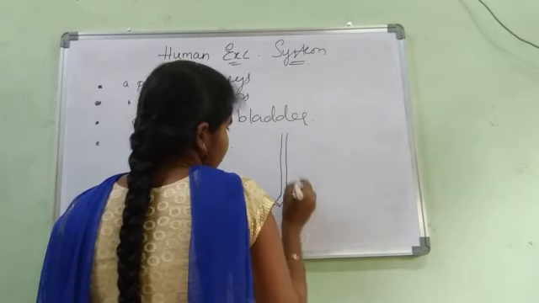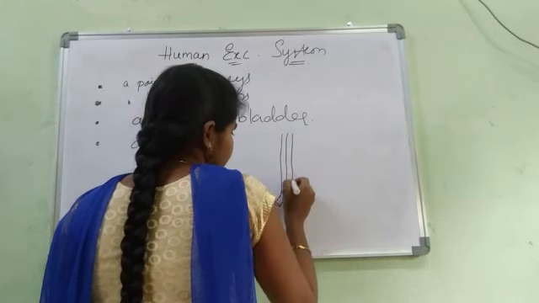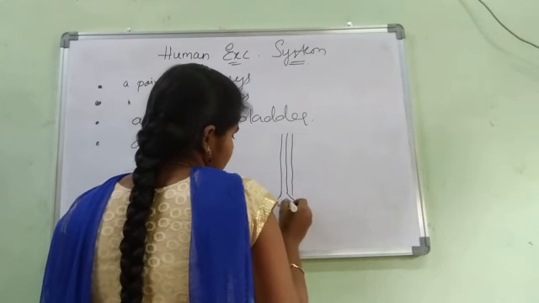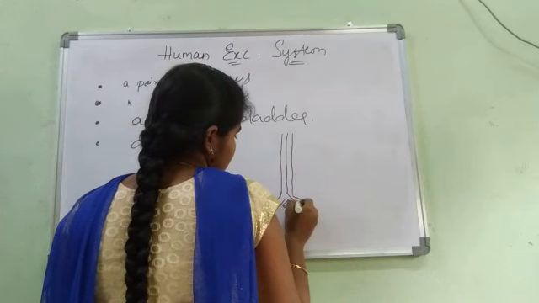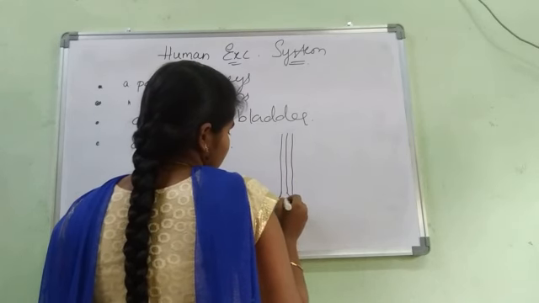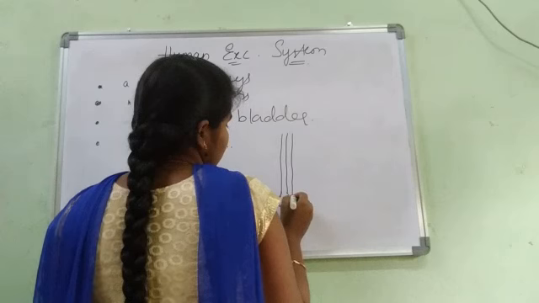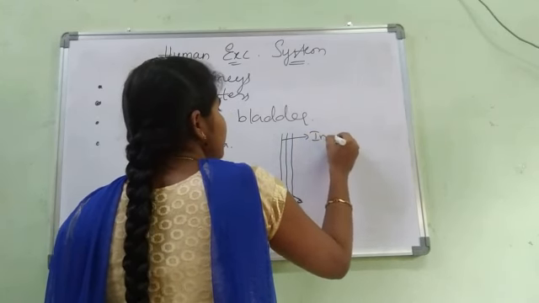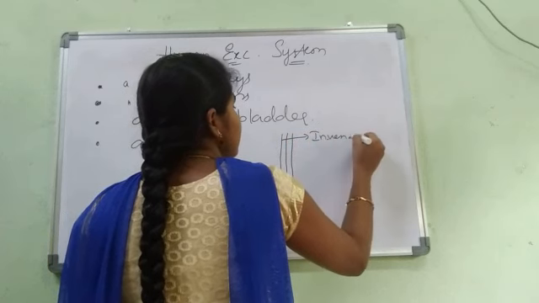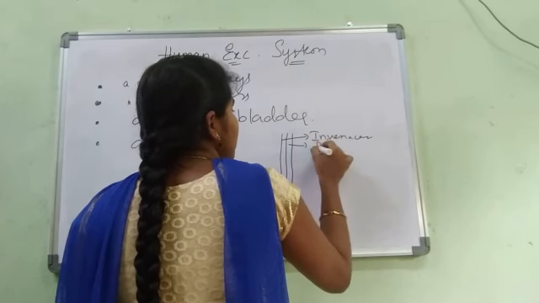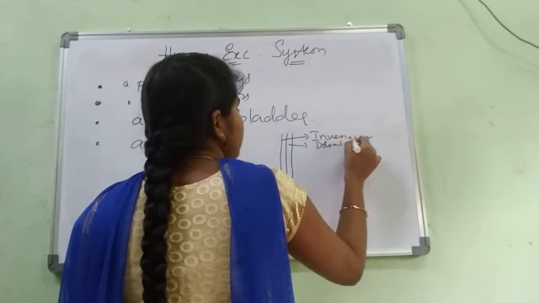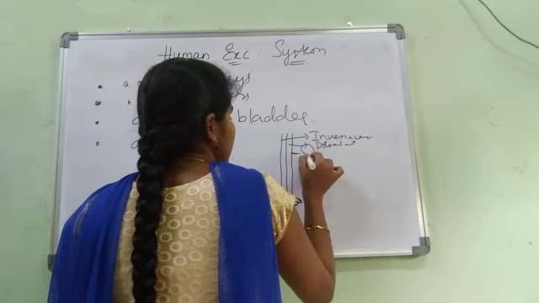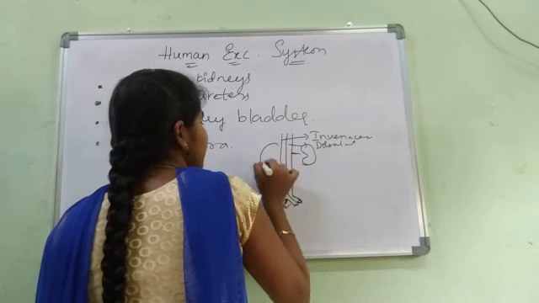This is the inferior vena cava and this is the dorsal aorta. Inferior vena cava, dorsal aorta, and this is a kidney.